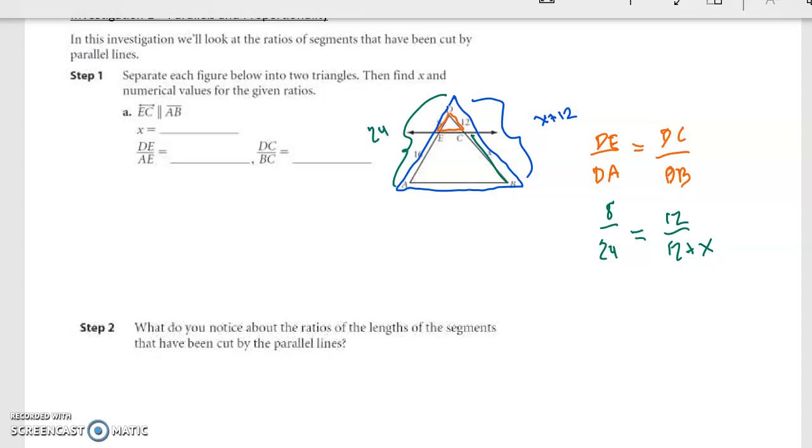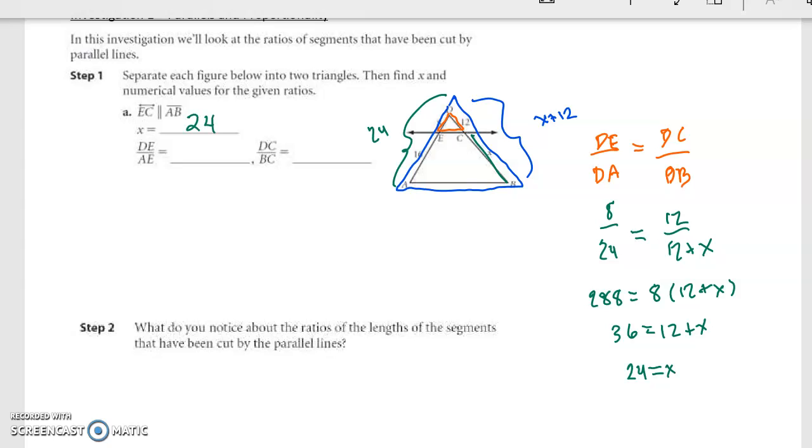Had to grab my calculator there. So we end up with 288 is 8 times 12 plus X. You can either divide both sides by 8, which is what I'm going to do, or distribute the 8 and solve it that way. And so X is 24.